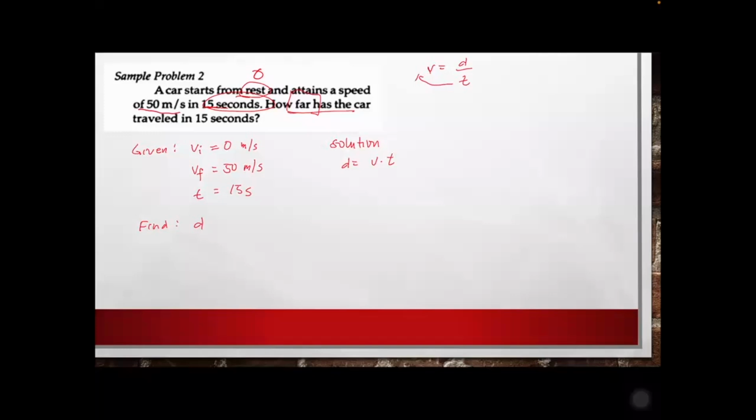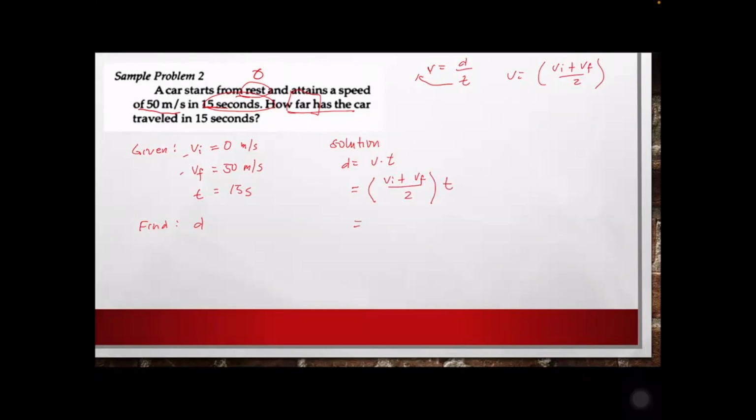Now, since meron tayong initial at meron tayong final velocity, gagamit tayo ngayon ng D is equal to, yung V, papalitan natin siya ng V sub I plus V sub F over 2. Ayan. Papalitan natin ito na V sub I plus V sub F over 2 times yung time.